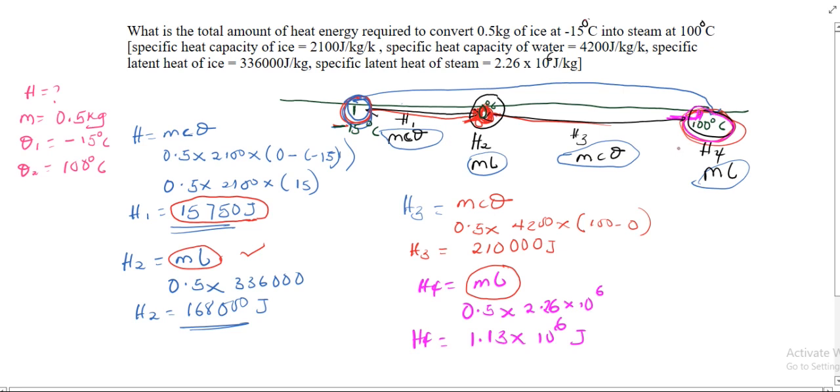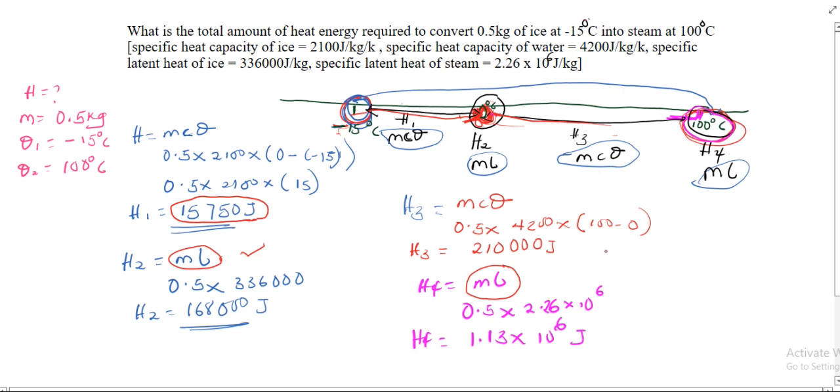So the heat required to take it from -15 to steam at 100 will be the addition of all these energies, because these are the energies required to take it from -15 to 0, melt at 0, from 0 to 100, and then boil at 100. So the total amount of heat required to convert 0.5 kilogram of ice at -15 degrees Celsius into steam at 100 will be the addition of all these heats we've gotten.